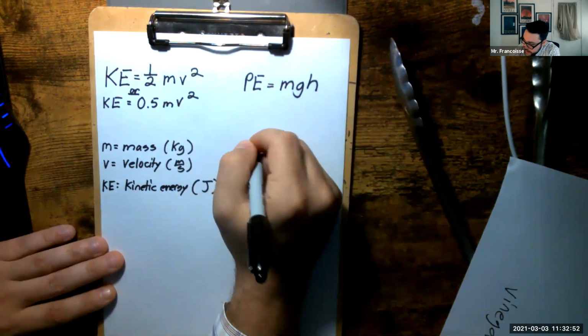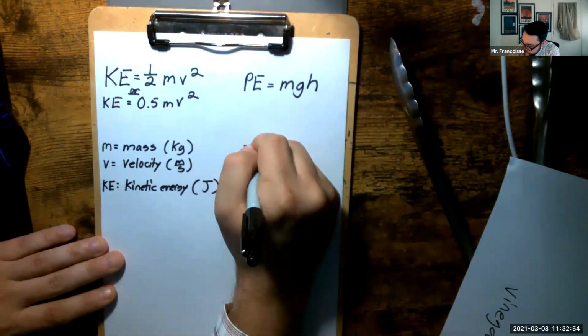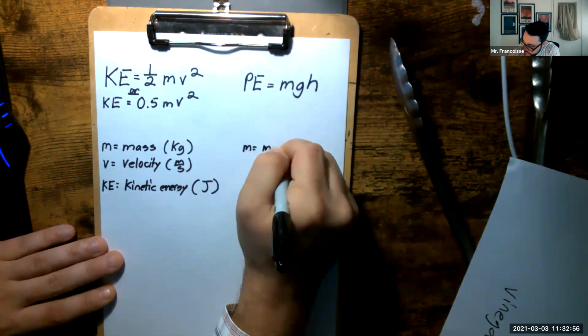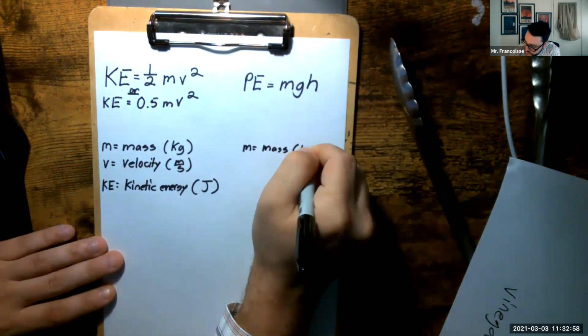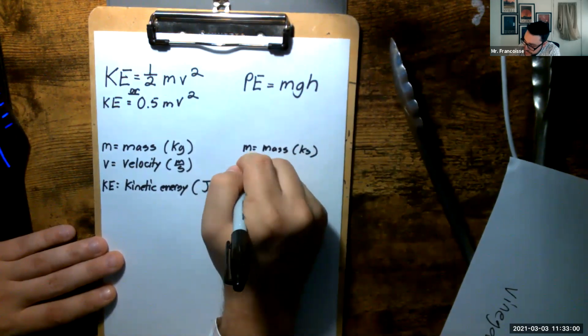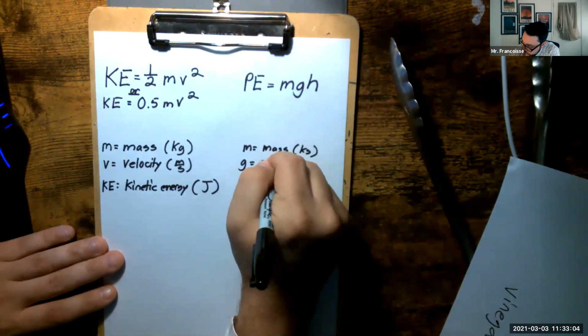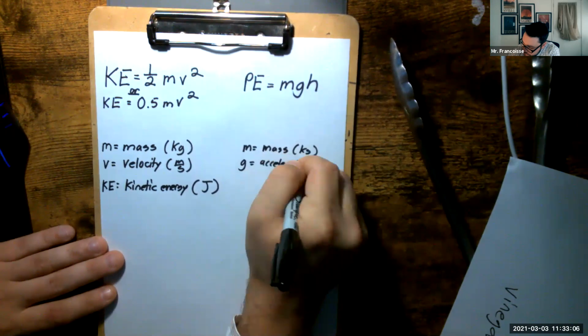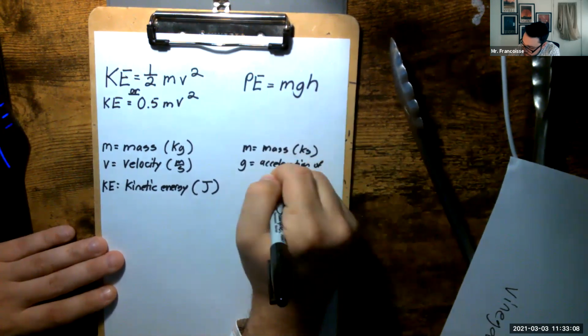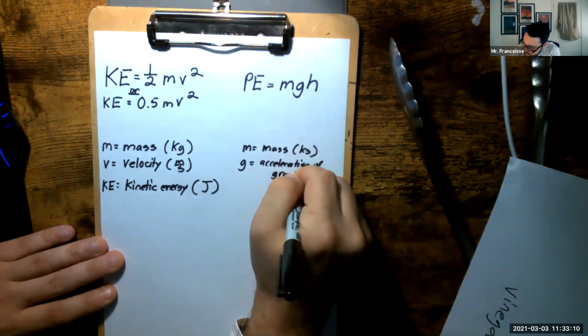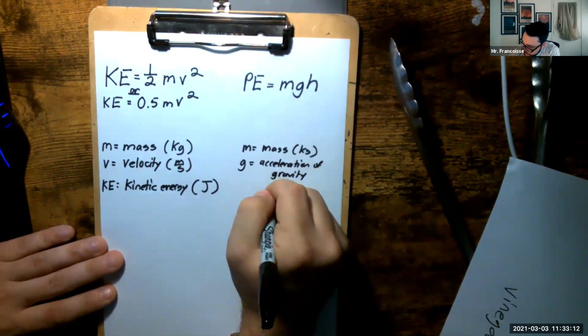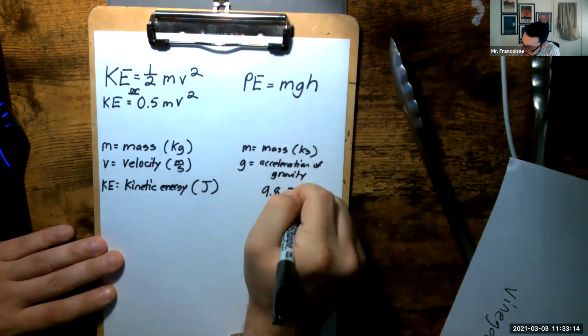So m again is our mass in kilograms. g is our acceleration of gravity. So it's 9.8 meters per second squared.